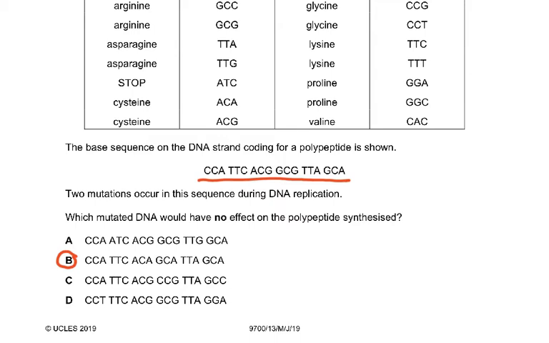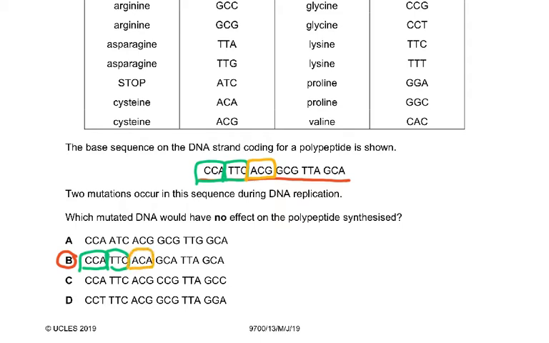You know, if the third nucleotide changes, at times that does not cause a change in the amino acid sequence. So 2 mutations occur in this. So you can see here, let's look at each one now separately. This is CCA. Now this is also CCA. And then it's TTC. This is also TTC. And then here also it is TTC. Then let's look at the next one, ACG. Now this is ACA.